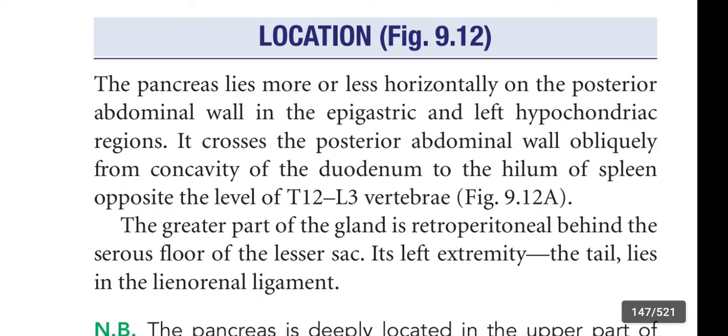The pancreas lies more or less horizontally on the posterior abdominal wall in the epigastric and left hypochondriac regions.